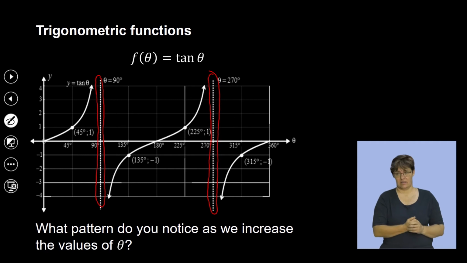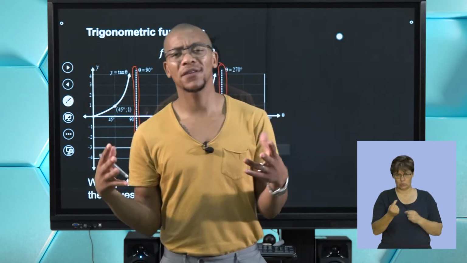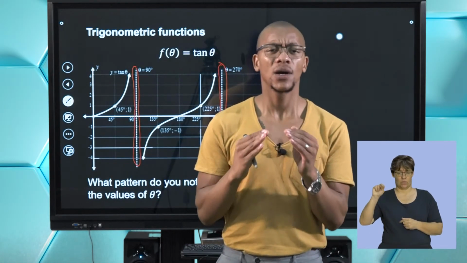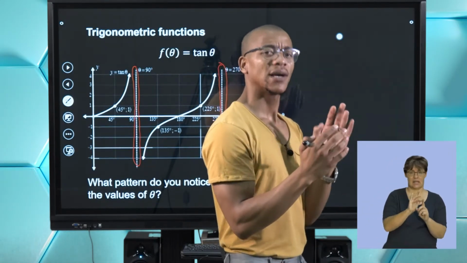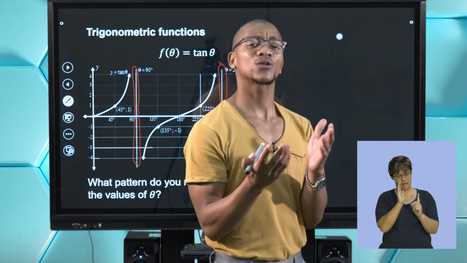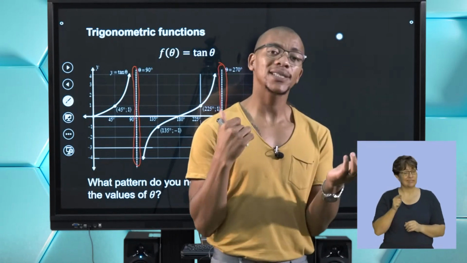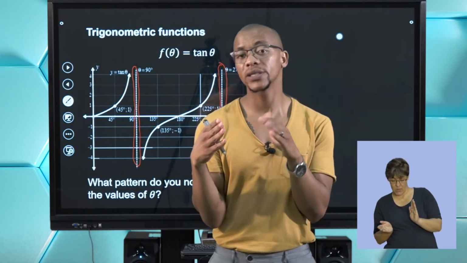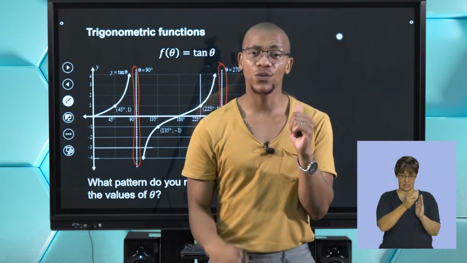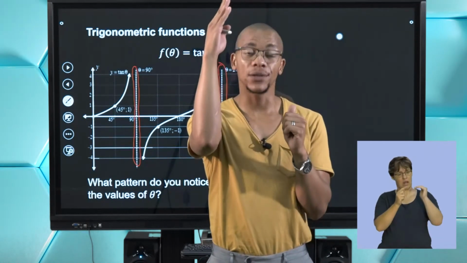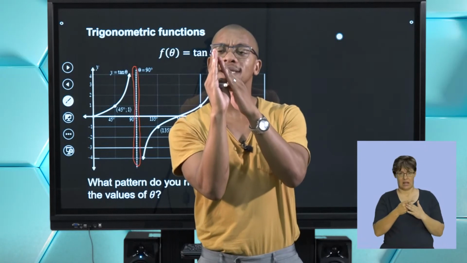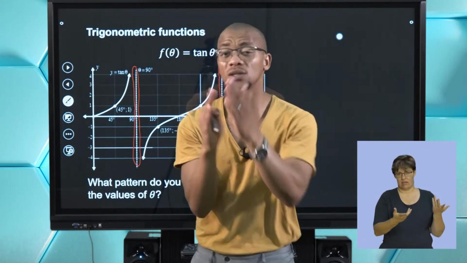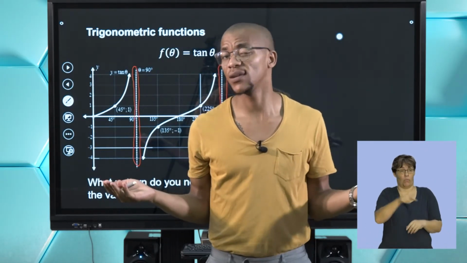So the asymptote you will see when you do more of the functions. And asymptote will be where the graph kind of tries to approach, it approaches, but it never gets to that point. So we normally say with this one, as theta is approaching 90 degrees from the left, the value of y approaches infinity. So it normally goes closer and closer to it until it gets to infinity, which, me and you don't know what the value of infinity is.